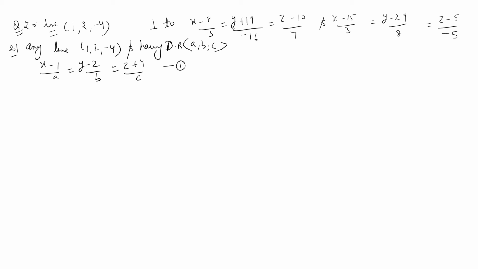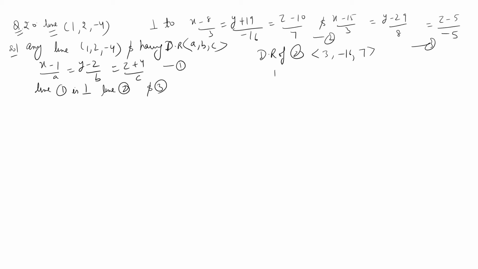So this line 1 is perpendicular to line 2 and 3 both. You know that the product of direction ratios is 0. So direction ratios of line 2 are 3, minus 16, 7, and direction ratios of line 3 are 3, 8 and minus 5. And the direction ratios of the required line are a, b, c.